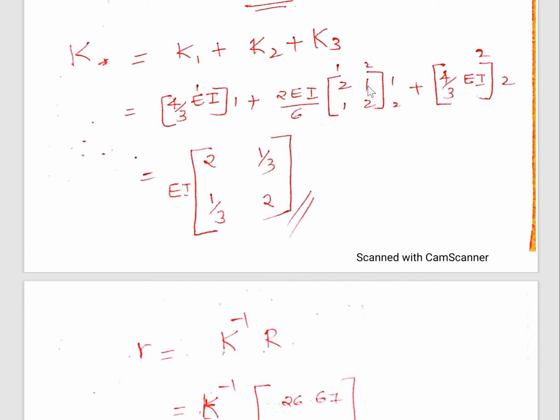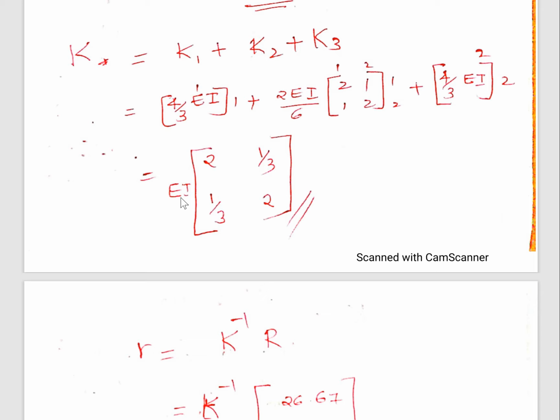So when you take EI outside it will be 1 by 3. Next is the first column, second row element. There we have only one element corresponding to first column and second row, that is 2EI by 6 into 1. That is nothing but 1 by 3 if you take EI outside.